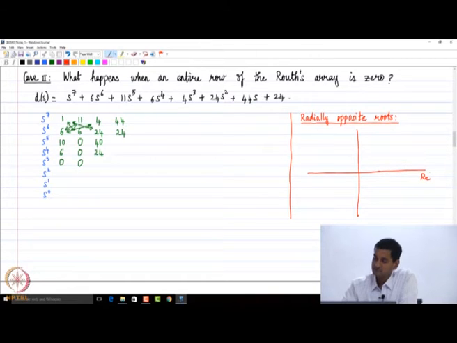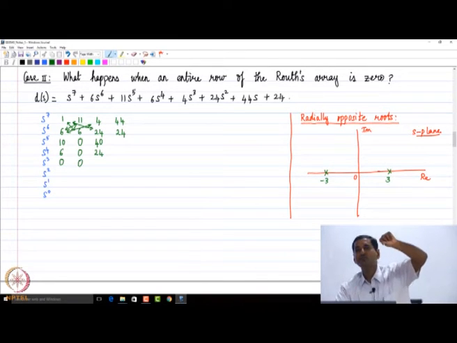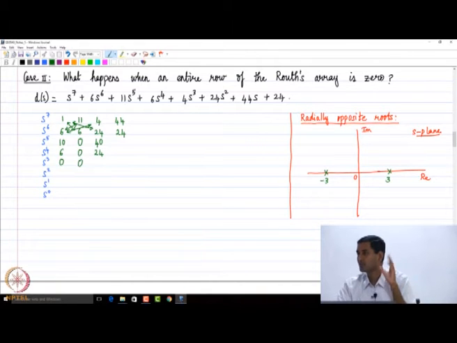If I consider minus 3 and plus 3, that is a pair of radially opposite roots. Essentially you look at the origin and draw a circle. Any pair of roots which lies on the circle is a radially opposite pair. Minus 3 and plus 3 form a radially opposite pair.